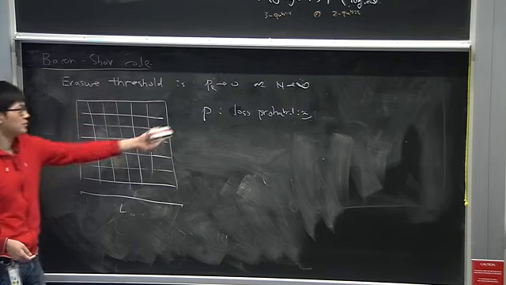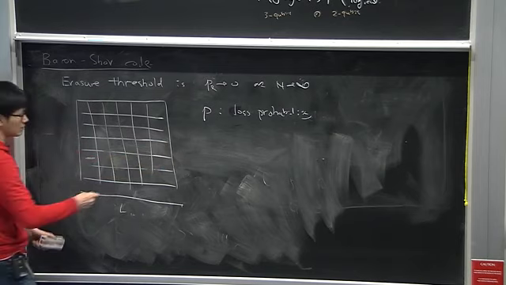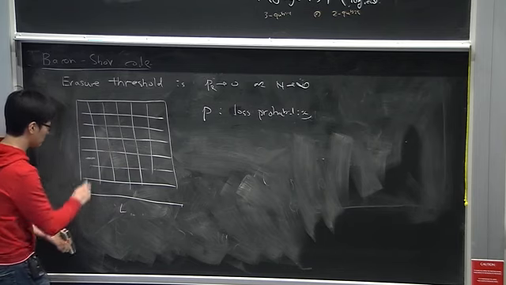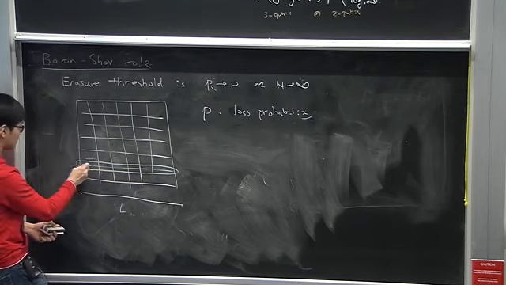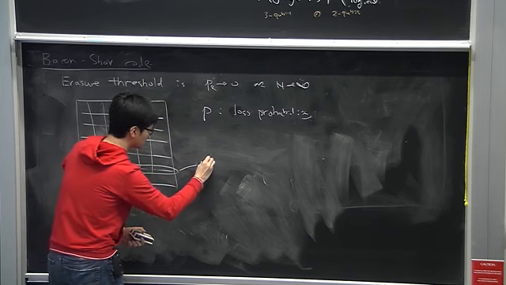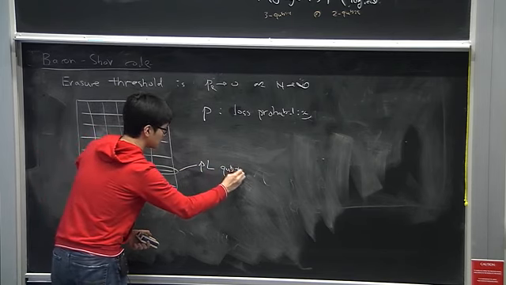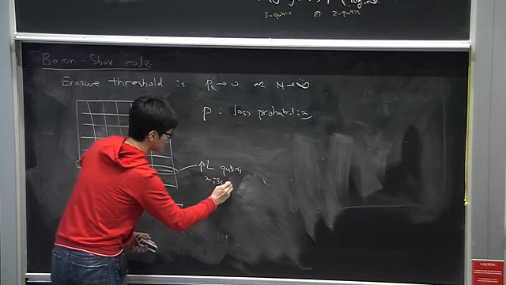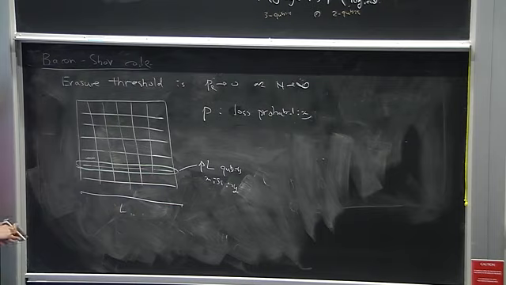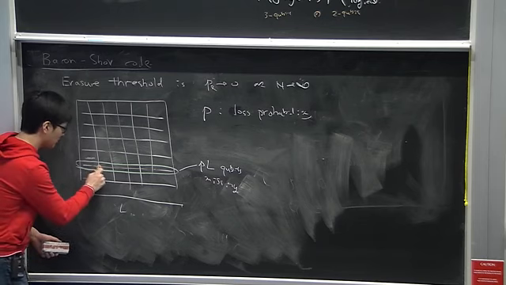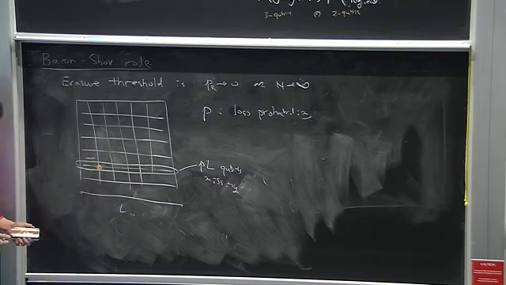No matter how small p is, if L is big, then if we look at this horizontal line, there should be around p times L qubits missing. So there should be at least 1 or 2 missing qubits in this system with very, very high probability.